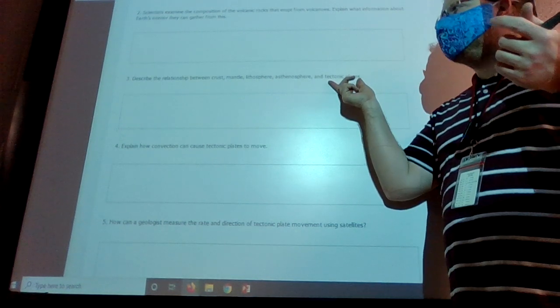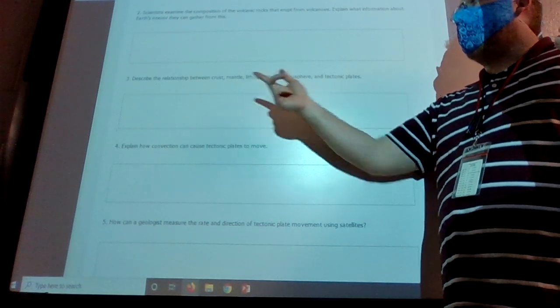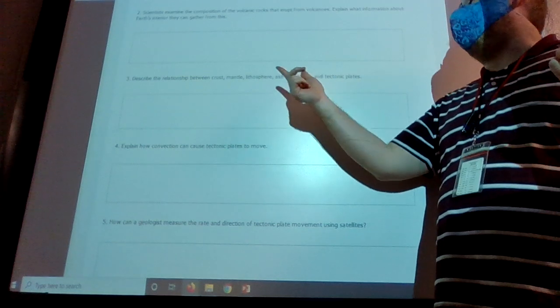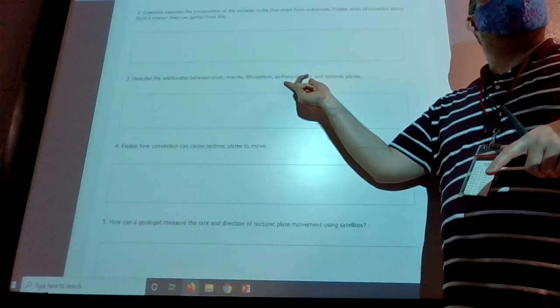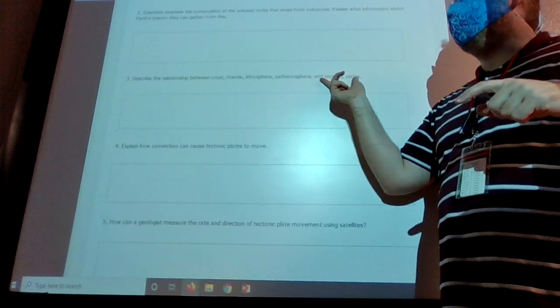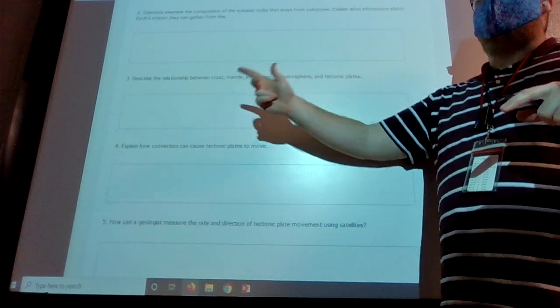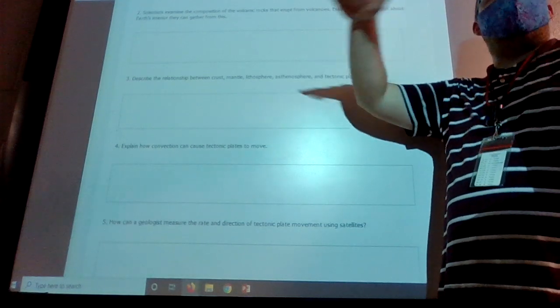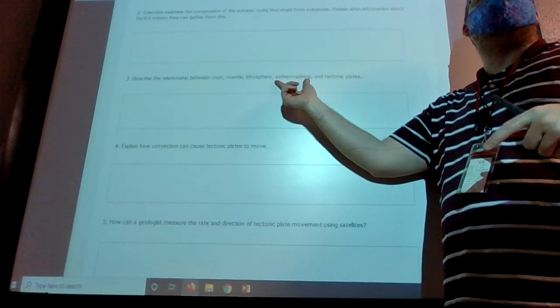Yeah, tectonic plates are part of the lithosphere, and they float around on top of the asthenosphere. So tectonic plates are part of the lithosphere, and they float around on top of the asthenosphere.